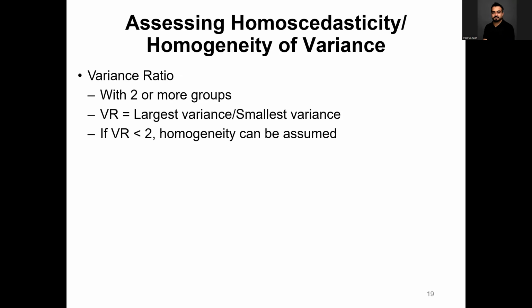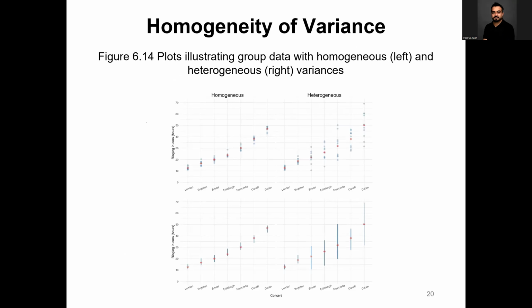And another method to assess the homogeneity of variance is using variance ratio. So if we have two or more groups, we can divide the largest variance by smallest variance. If variance ratio is less than 2, homogeneity can be assumed.